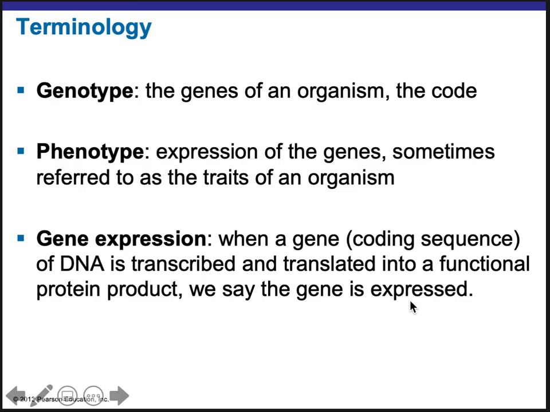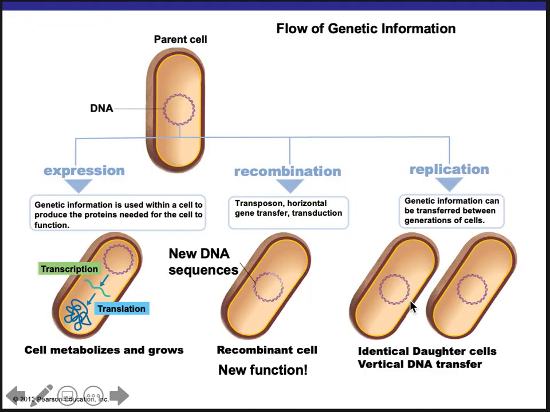And so that's what we mean by the gene is expressed. So the flow of genetic information within the cell, you have using it to express what we just talked about, transcription of a gene, and then translation of that transcript into a product. So that is happening almost always, with the exception of cell division, right?